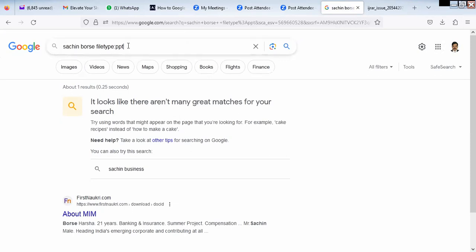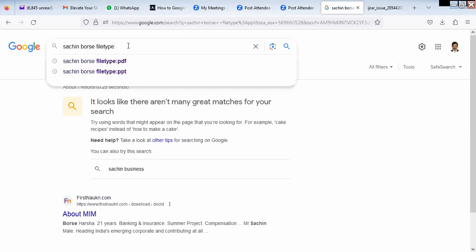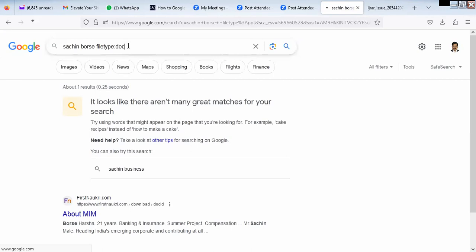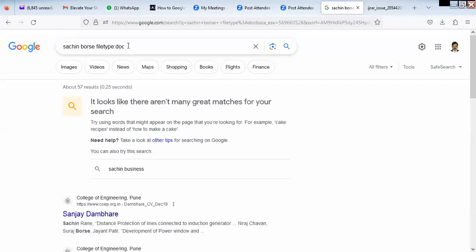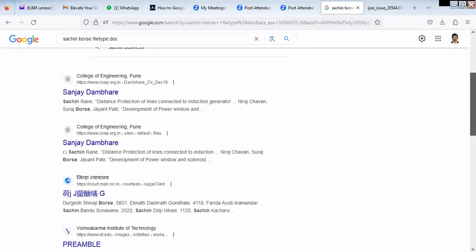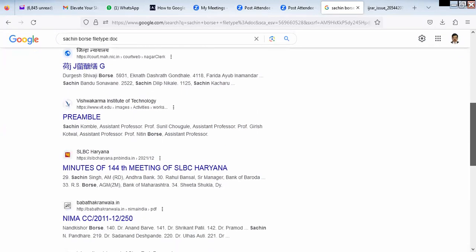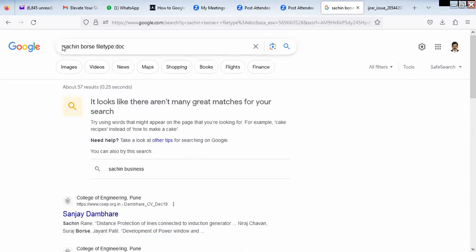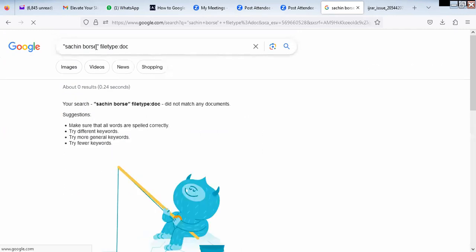I will say doc file. There are a few doc files, but that is not directly related to me. I will say now exact match, Sachin Borse. So no matches.